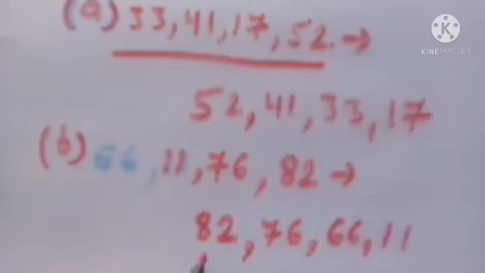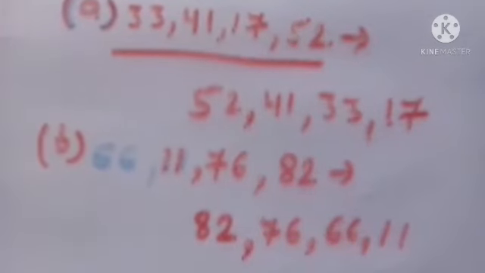Okay, 82 is largest and in the last 11 is smallest. We already know that descending order means the biggest number comes first and the series will continue. Like this, if there is 82, then you have to write 76, then 66, then 11. Like this, descending order.